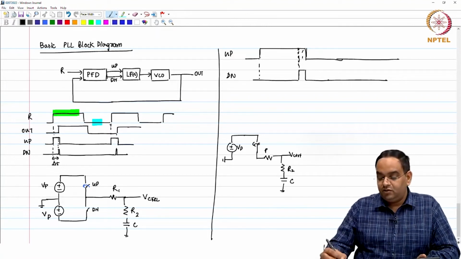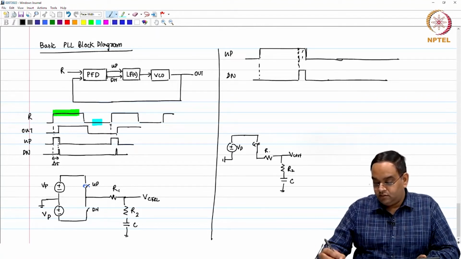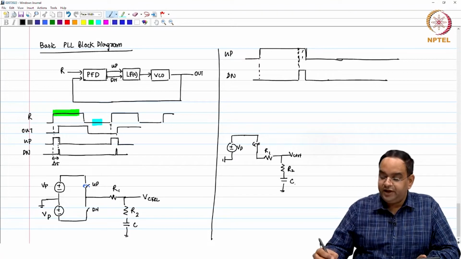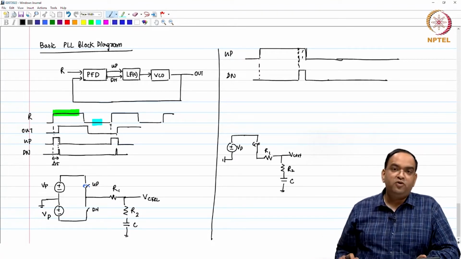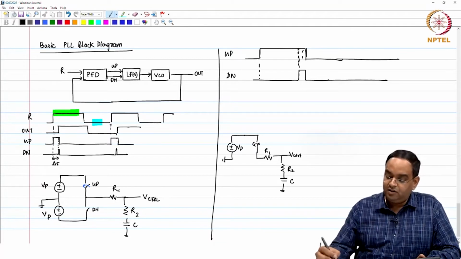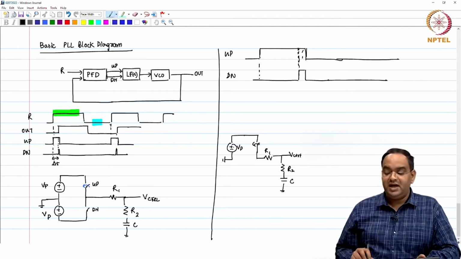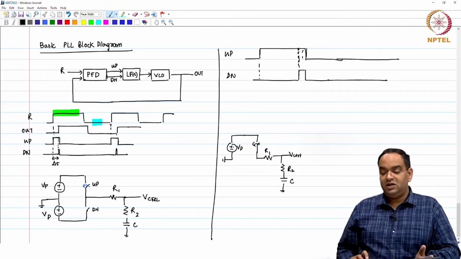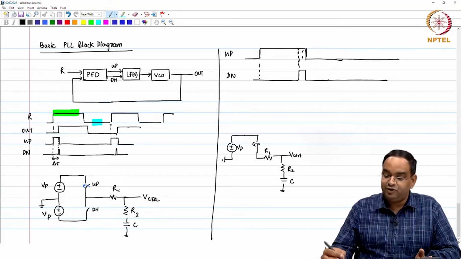So, your Vp gets connected to this circuit and your control voltage will vary depending on Vp, and it will vary only during the time the switch is closed.